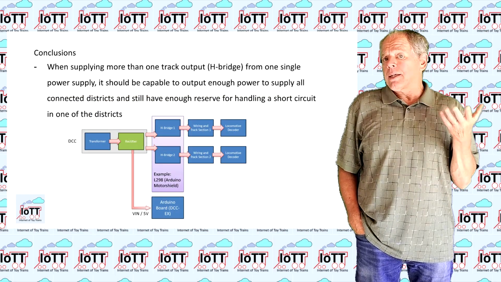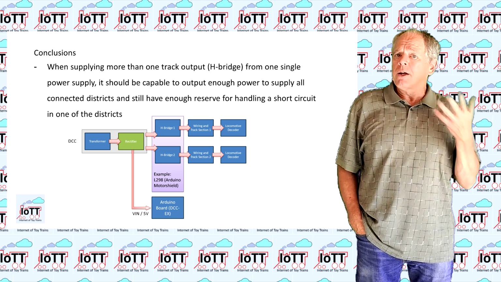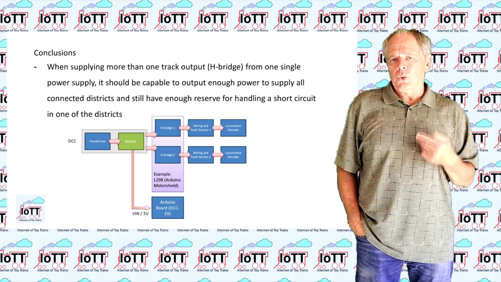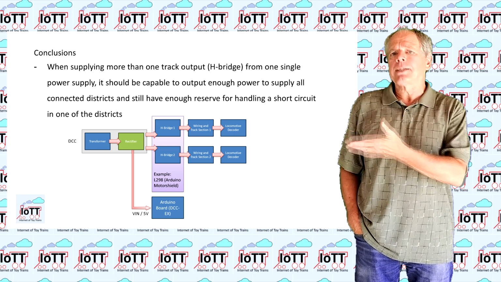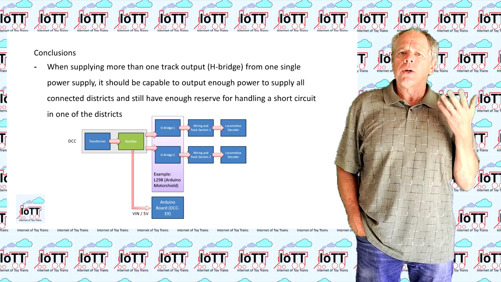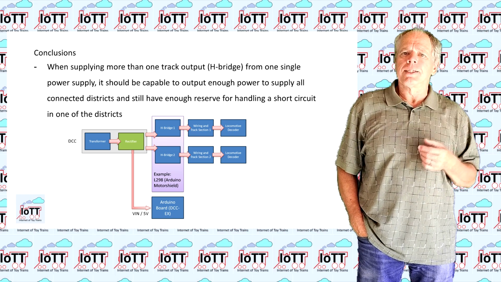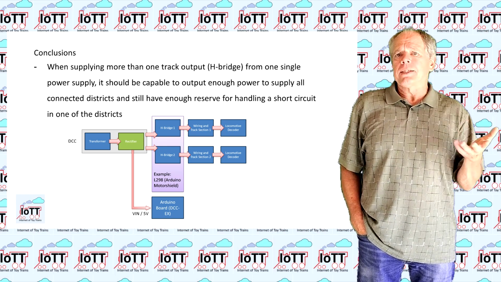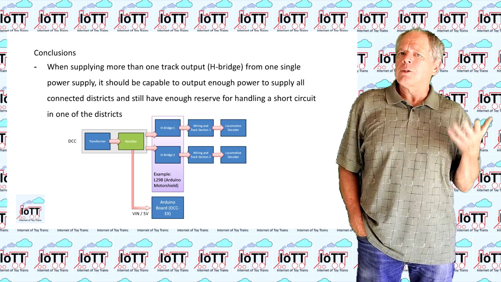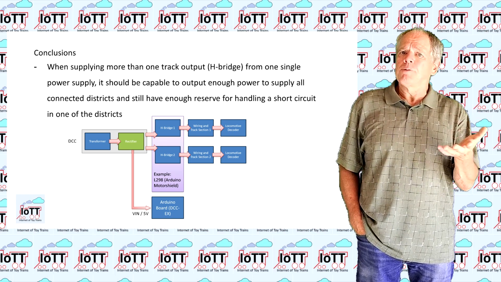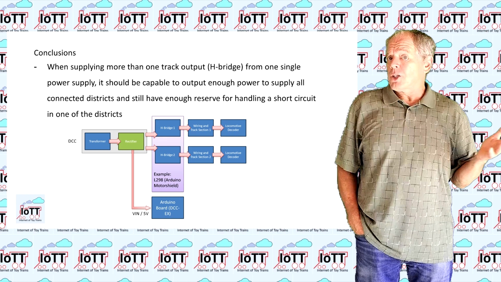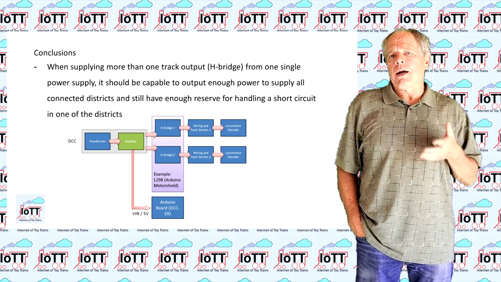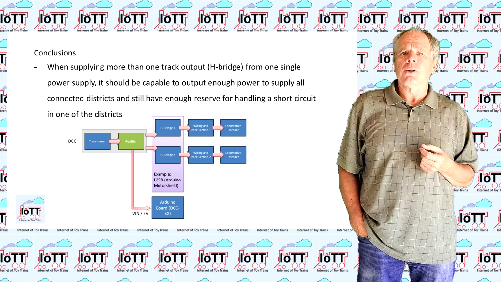And when supplying more than one track output from one single power supply, it should be capable of outputting enough power to supply all connected districts and still have enough reserve for handling a short circuit in one of the districts. Of course, during normal operation, not all districts are loaded all the time, so the output current can be less than the sum of all district currents. How much less depends on the way you operate your layout, but I would think that about 50% would be a meaningful starting point.